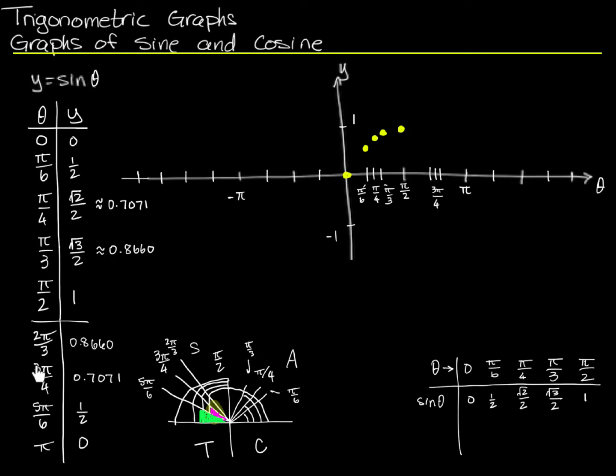Okay, so now we have some more values down here, some theta and y coordinates. So let's go ahead and plot those. Before I do, though, I want to make this analogy. Let me grab a different color again. I'll use green.